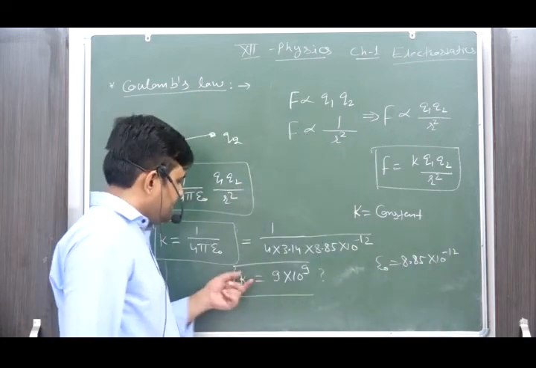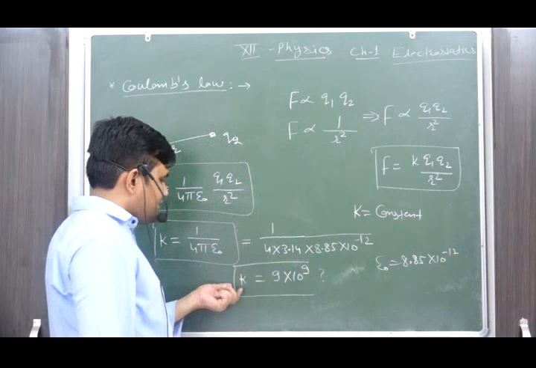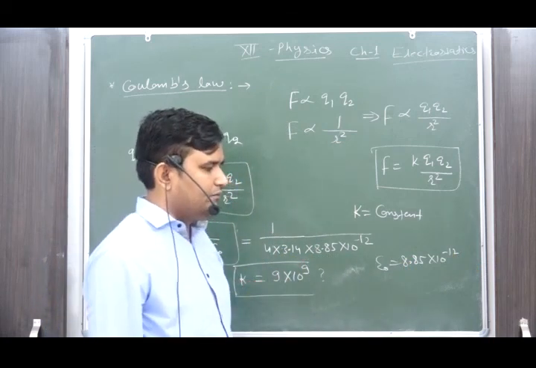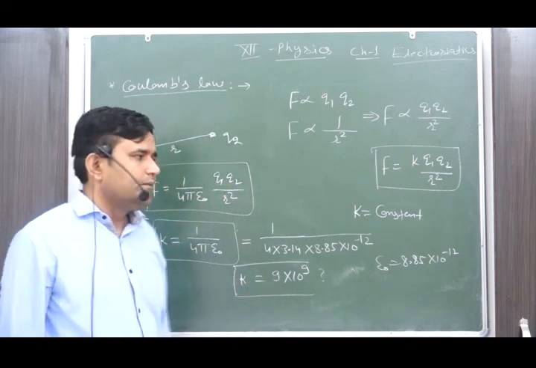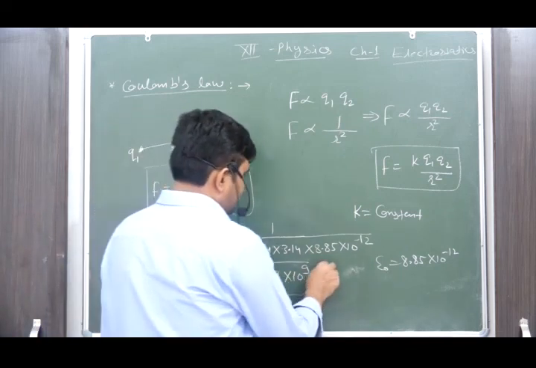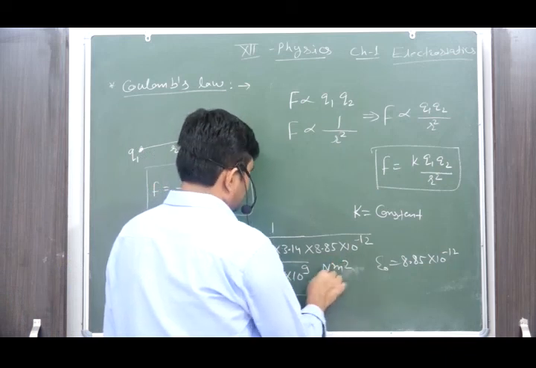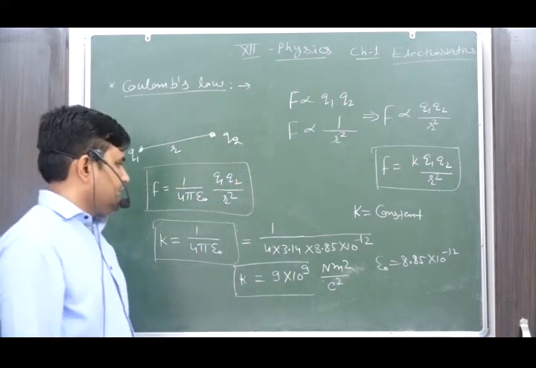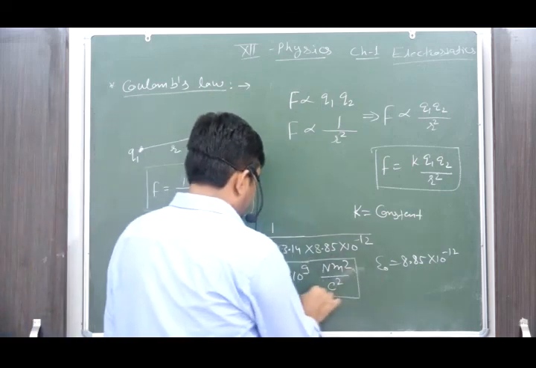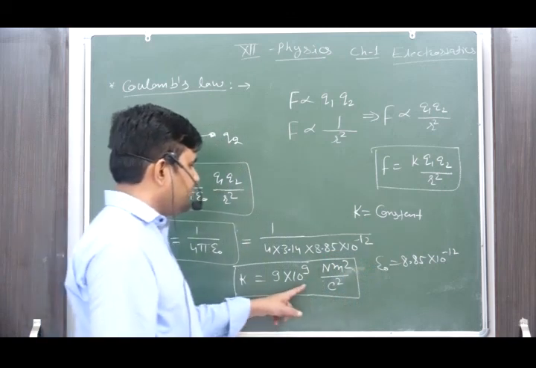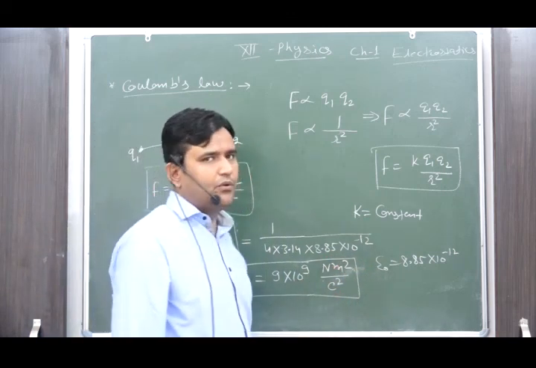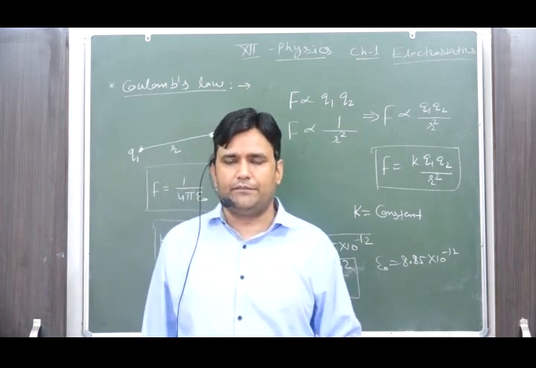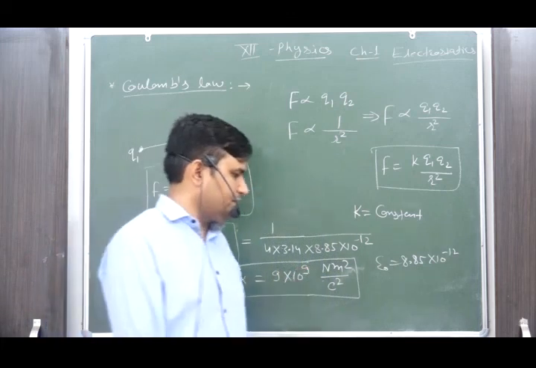Again, after solving this, we get the value of K as 9 into 10 to the power 9, and the unit is Newton meter square per coulomb square. This is the value of K: 9 into 10 to the power 9 Newton meter square per coulomb square. Because in physics, units are also important.